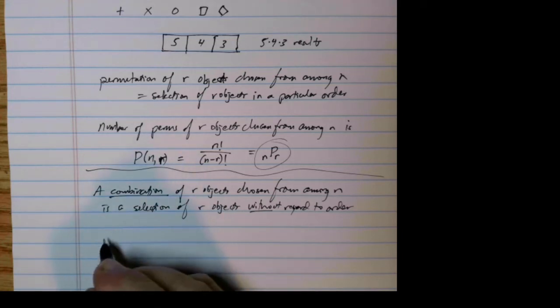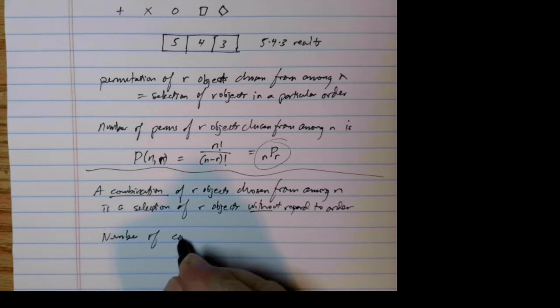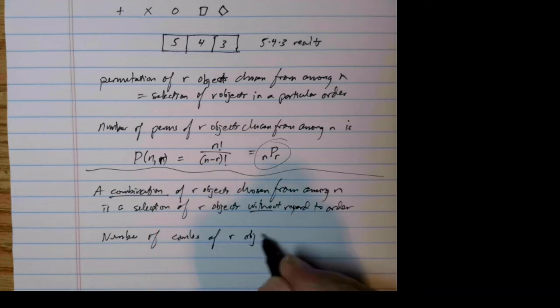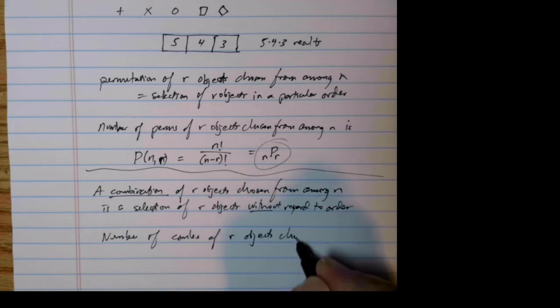And we're interested, of course, in the number of combinations of r objects chosen from among n.